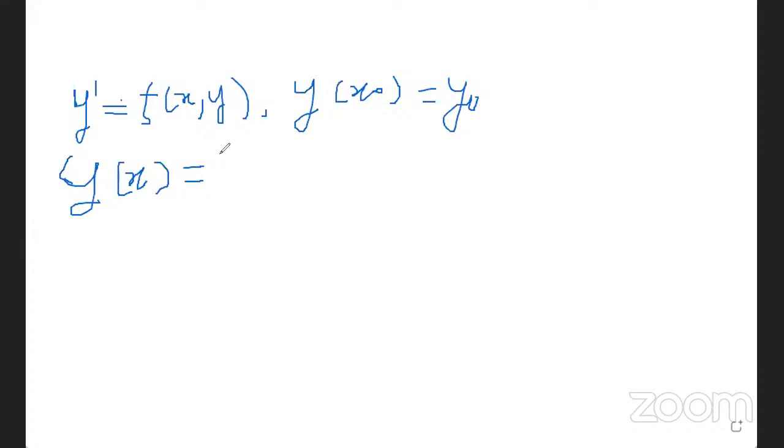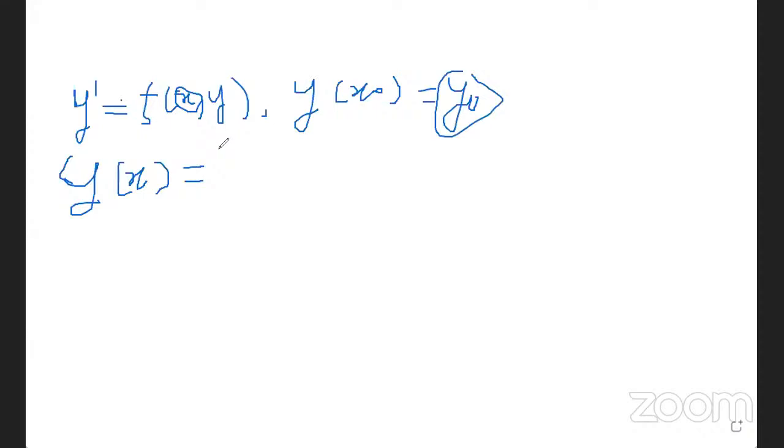So my basic motive: what are the given things? x is given here because x is an independent variable. x is given, f is given, and y naught is given, meaning the value of y at x naught is given. So now what should I do? How should we move?